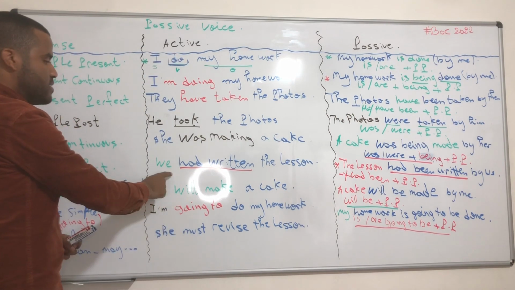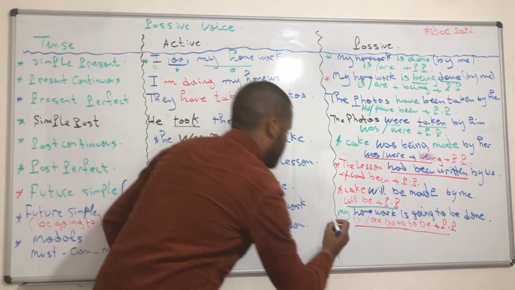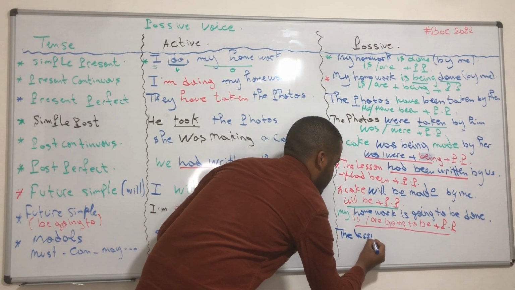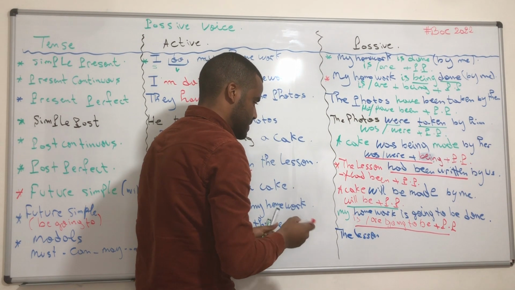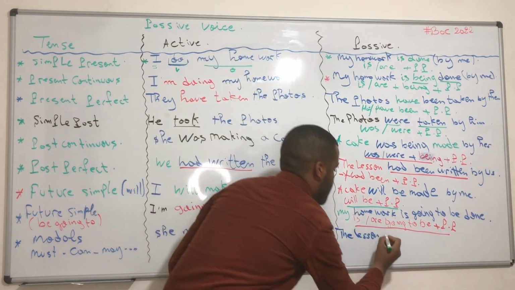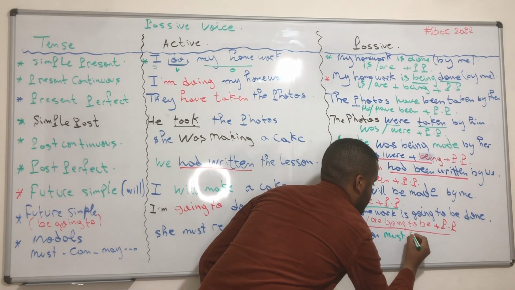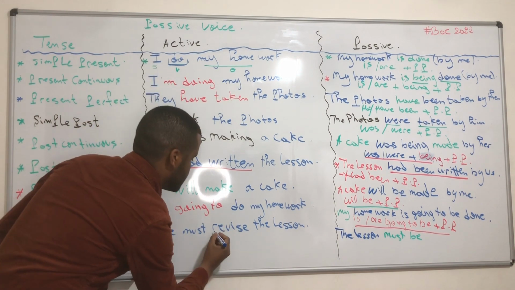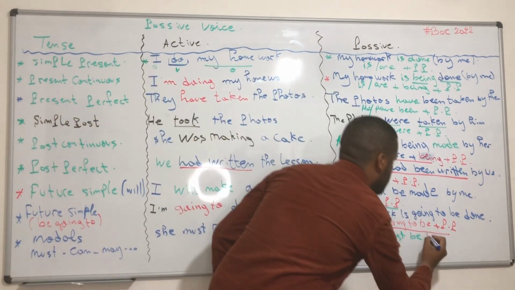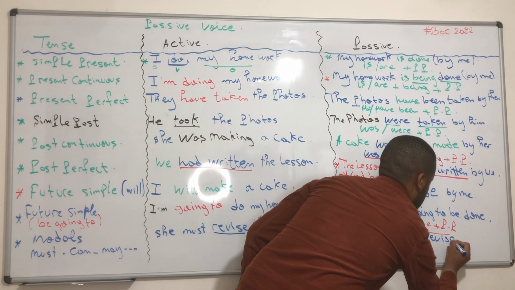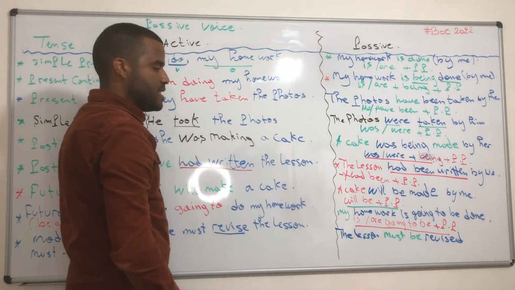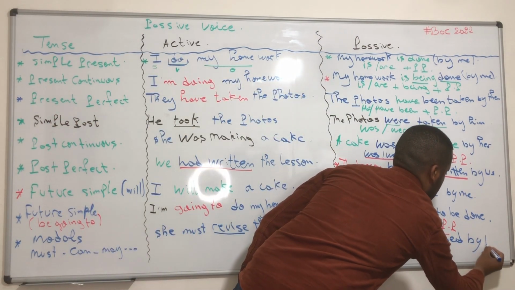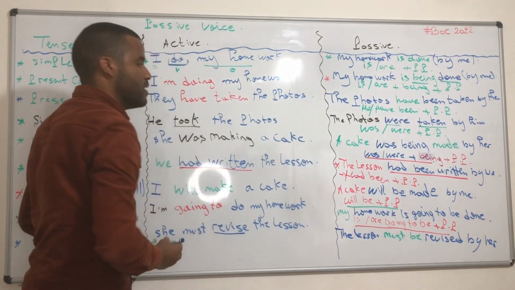Okay, it's like the same that we did in simple future. نقولوا the lesson must be, and we are going to add the past participle of the verb revise. So it's a regular verb, we are going to write revised. Okay, so the lesson must be revised by her.